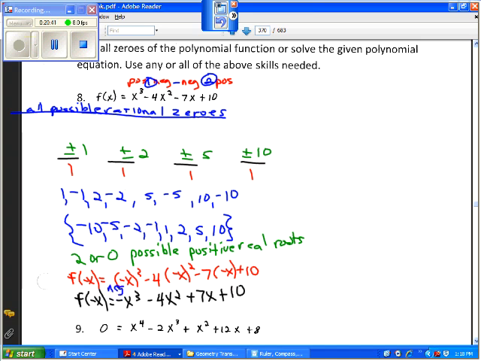The signs of f of negative x are negative, negative, positive, positive. We have no sign change. A sign change here, there's 1. No sign change there. We have 1 sign change in f of negative x.